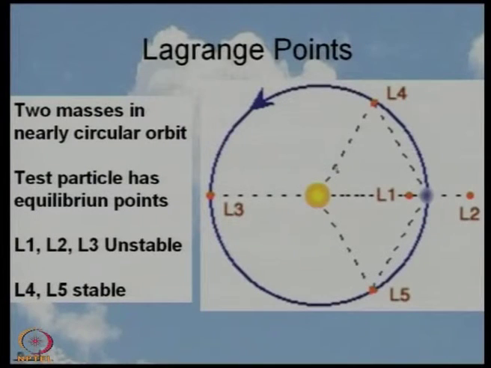Okay. And if you analyze this problem, it turns out that the 3 Lagrange points that are collinear are unstable. So L1, L2 and L3 are unstable. But there are L4 and L5, the 2 other Lagrange points which are not on the axis, and these 2 Lagrange points are stable.